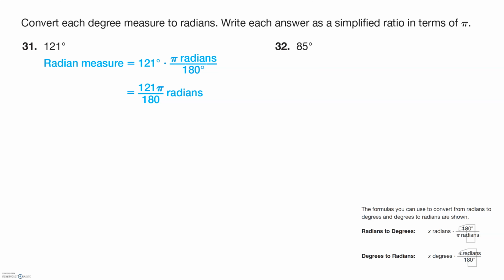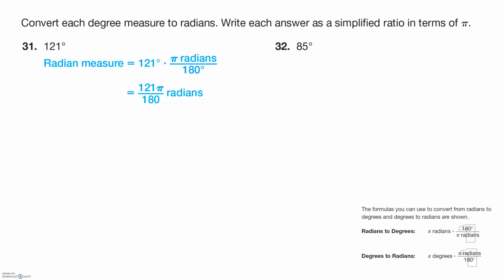Okay, so now we're gonna do it the other way around. And the other way around is basically the same thing. It's just that now you are converting from degrees to radians. So you have to make sure that you're using degrees top and bottom. Here you're given the degrees, but now instead of having the radians on the bottom, you're gonna have them as the numerator.